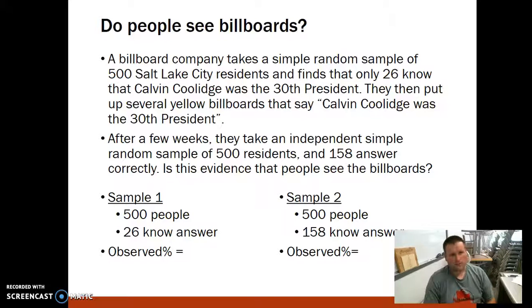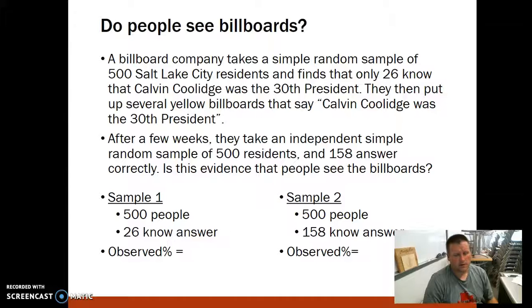Then they put up several yellow billboards that say Calvin Coolidge was the 30th president. After a few weeks, they take an independent, simple random sample of 500 residents, and 158 answer correctly. And the question is, is this evidence that shows that people see billboards?